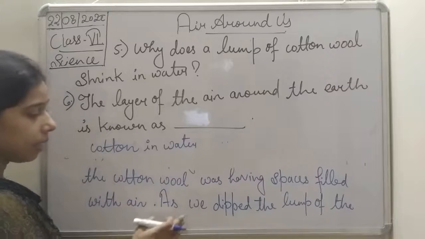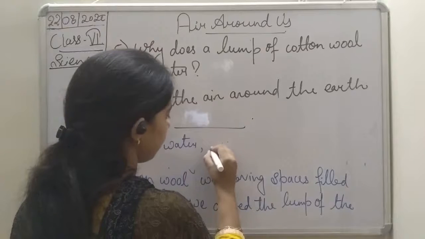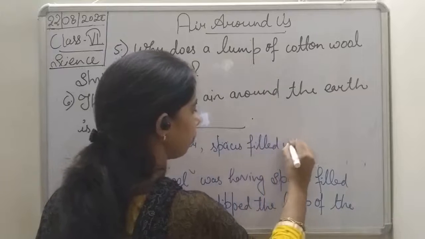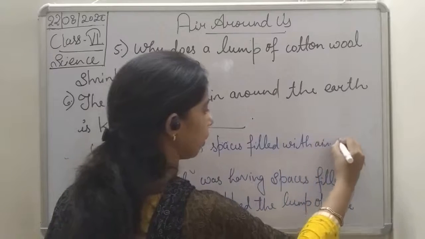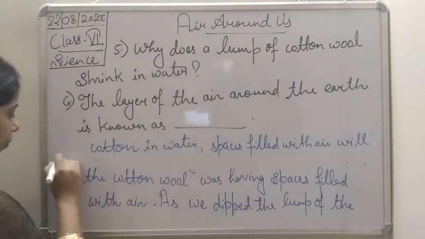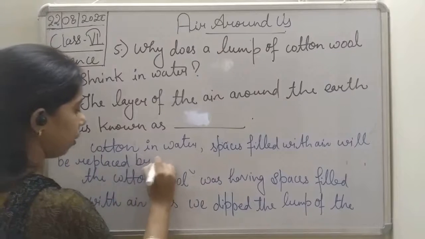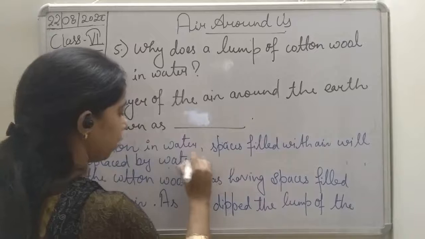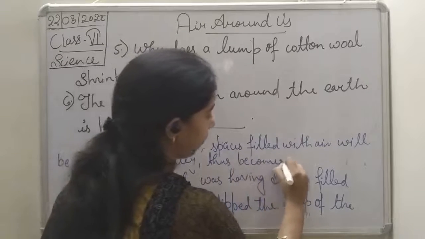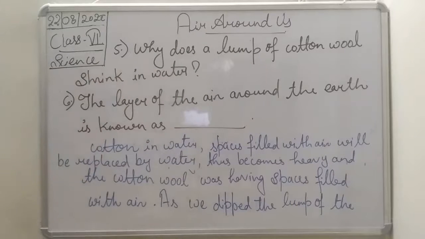So we will write that as we dip the lump of cotton in water, the spaces filled with air will be replaced by water, thus it becomes heavy and shrinks in the water.